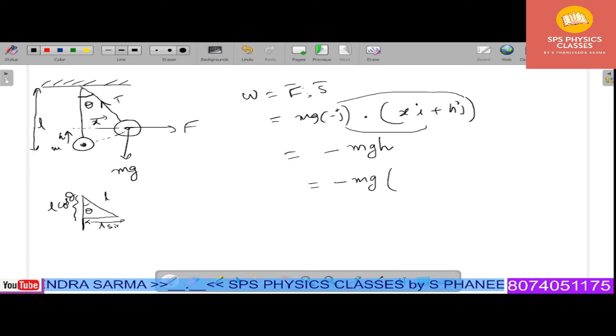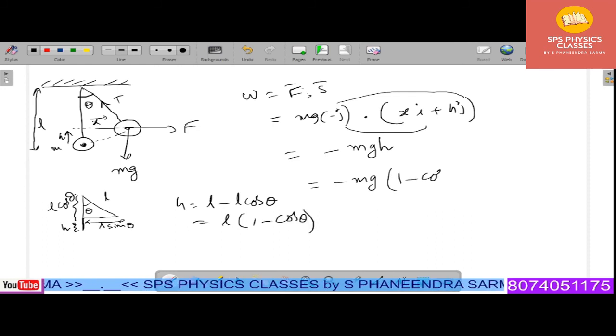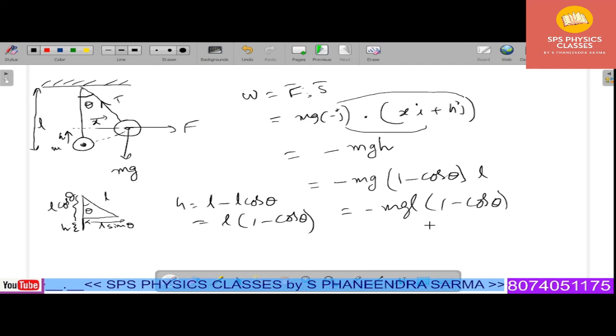I need this particular gap, which is h. So h is equal to the actual length minus L cos theta. Therefore, taking L as common, L times 1 minus cos theta. Therefore, mg into L of 1 minus cos theta. That means minus mgL of 1 minus cos theta is the right answer.